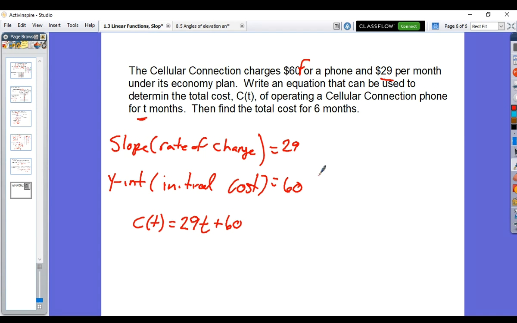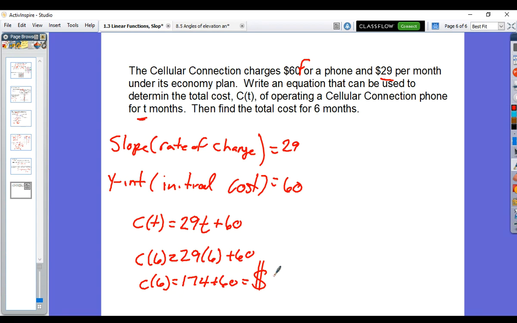Well, let's check that out. So C of 6 is equal to $29 times 6 months plus the $60 initial cost. We multiply that, we get 174 plus $60, which gives us a total of $234.